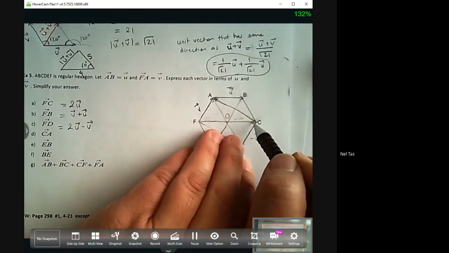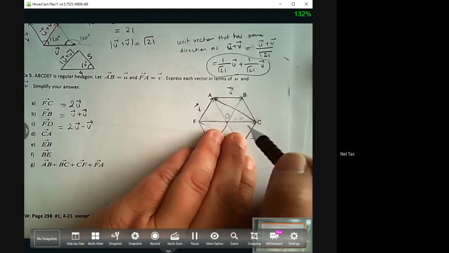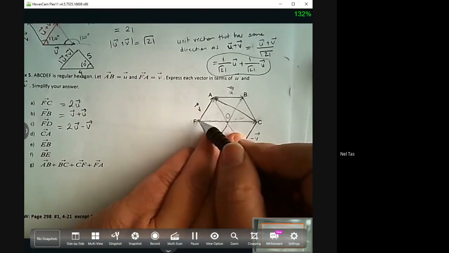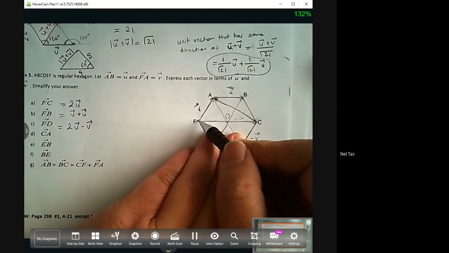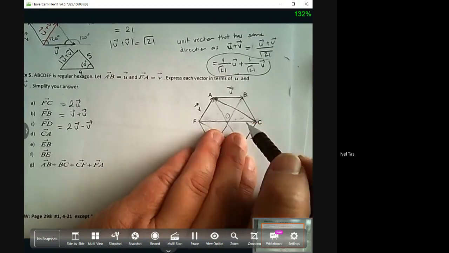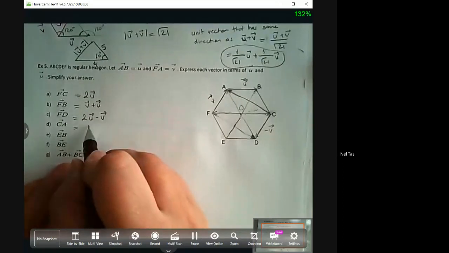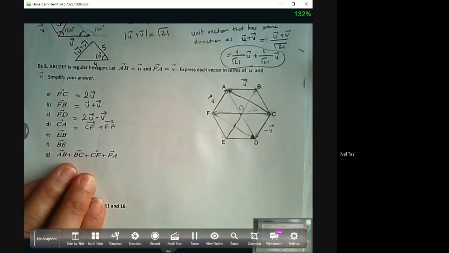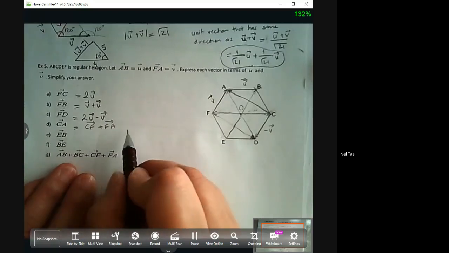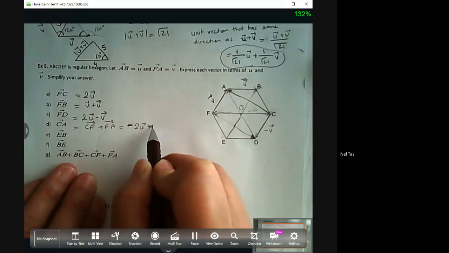But I can follow this route. I can go C to F, F to A. CF, so FC is 2U, then CF is negative 2U plus V, right? Again, I can go from CF to FA, okay? I can follow this route. This gives me negative 2U plus V.